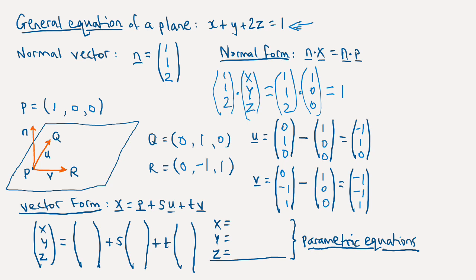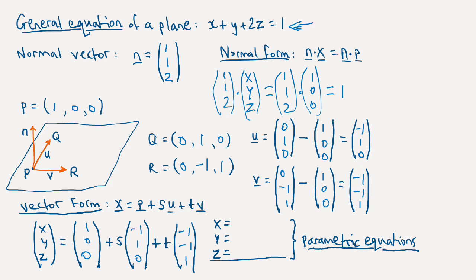So our vector form is going to be x equal p plus su plus tv. So the x vector is x, y, z. Point P in vector form is 1, 0, 0, plus s times vector u, which is minus 1, 1, 0, plus t times vector v, which is minus 1, minus 1, 1.